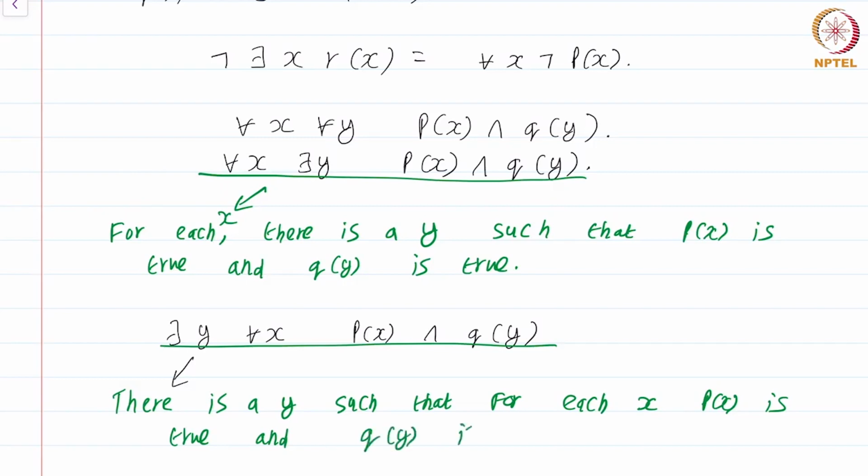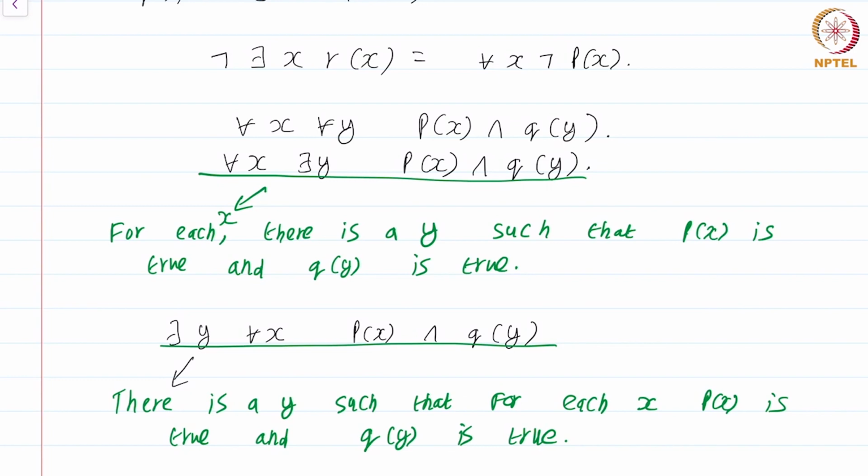There is a y such that for each x, p of x is true and q of y is true. What this is saying is that the choice of y is independent of the choice of x. You can find a y such that for whatever choice of x you choose, p of x is true and q of y is true.